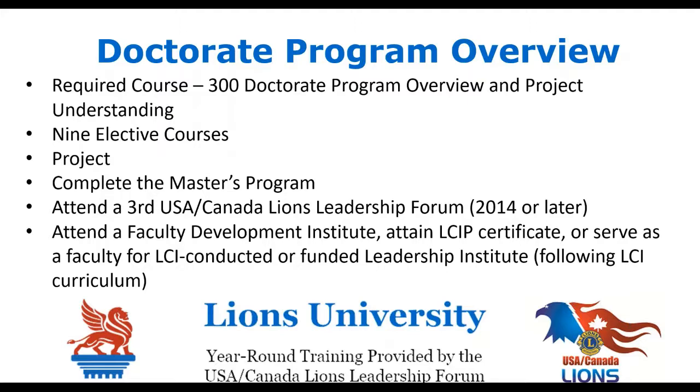There are some other activities that are also required to complete the doctorate program, including a project, completing the master's program, attending a 3rd USA-Canada Lions Leadership Forum, and attending either a Faculty Development Institute, attaining the Lions Certified Instructor Program Certificate, or serving as a faculty for an LCI conducted or funded leadership institute.